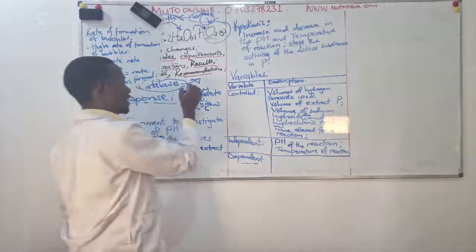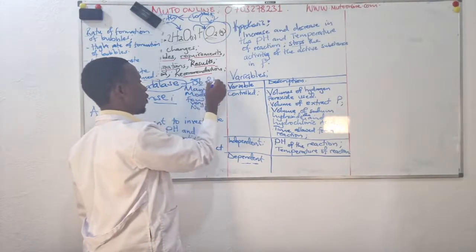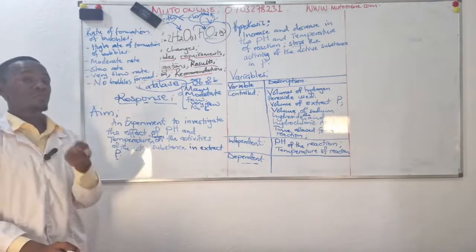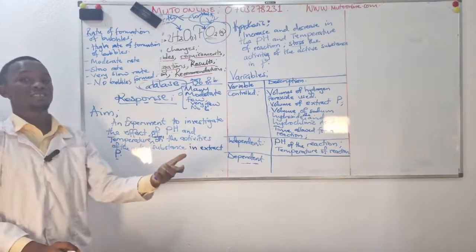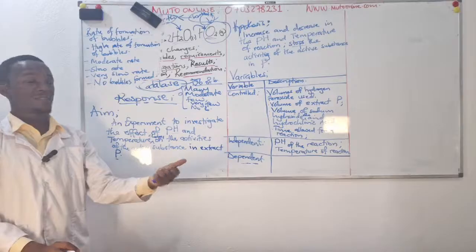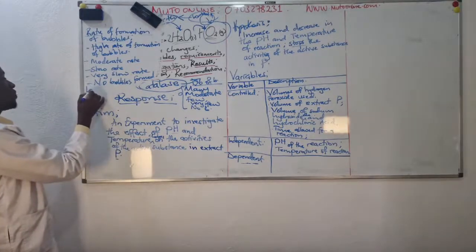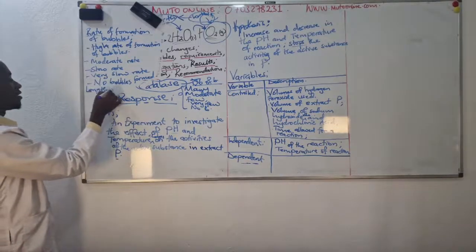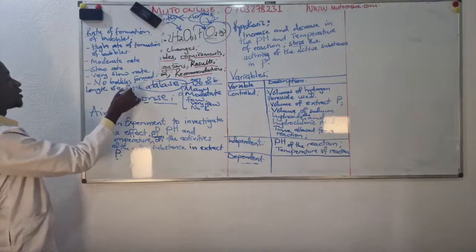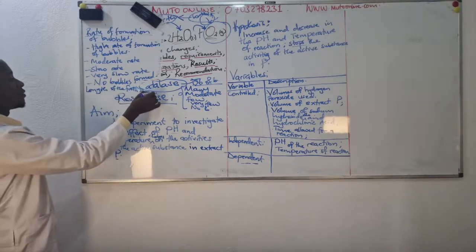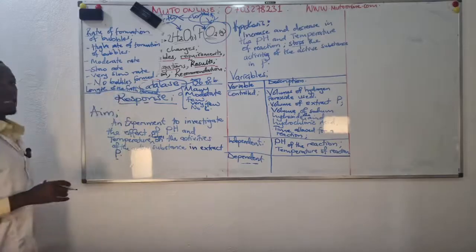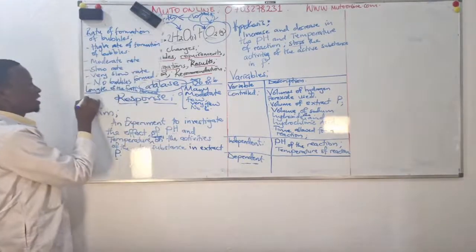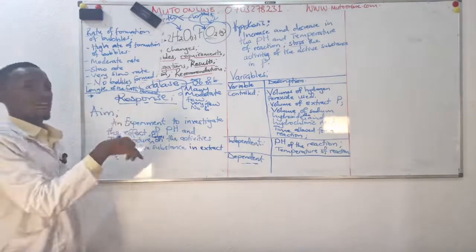If the dependent variable was the number of bubbles formed, you can talk about it that way. You may not be able to count 1, 2, 3, 4, 5, 6. So I may decide to give my dependent variable as the length of the froth formed, and I record the length formed after a certain period of time.